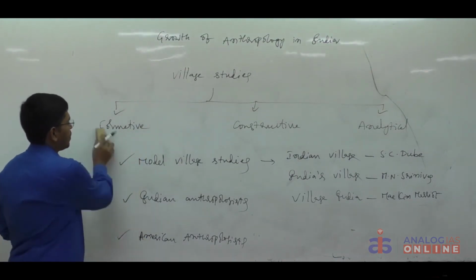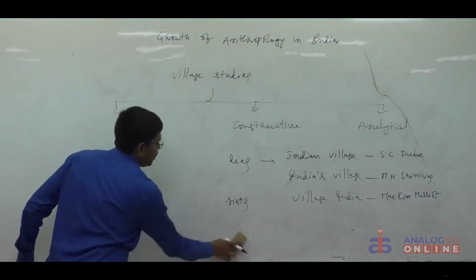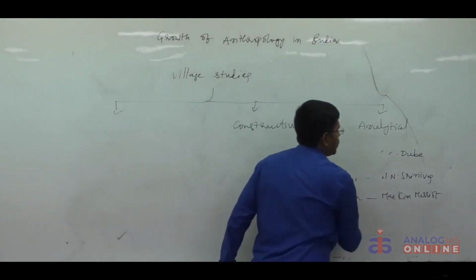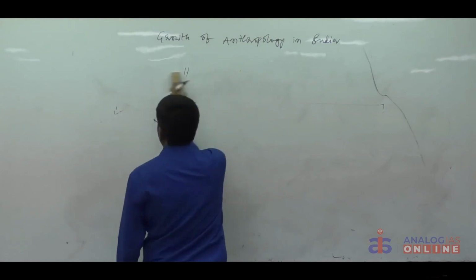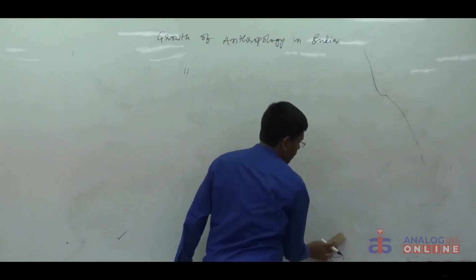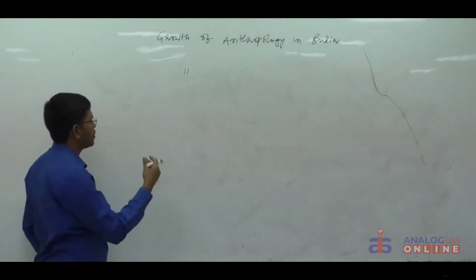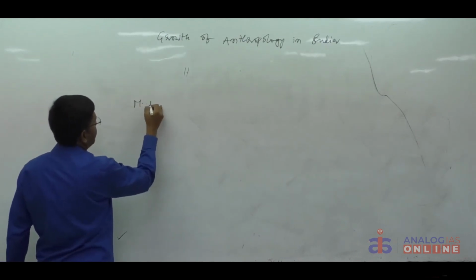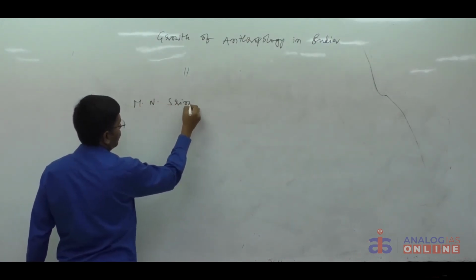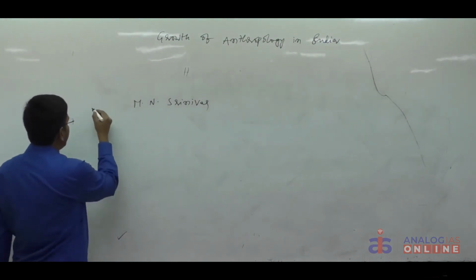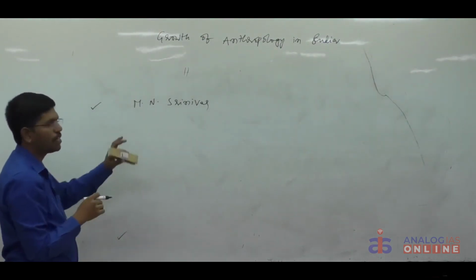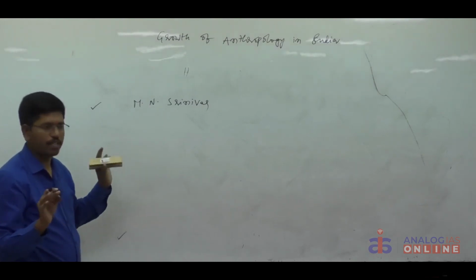Apart from this, in your examination, questions will be asked on the contributions made by individual anthropologists. Say, for example, M.N. Srinivas. On M.N. Srinivas, questions may be asked like this. In the compulsory question, they may mention only M.N. Srinivas, that's it, for 10 marks.